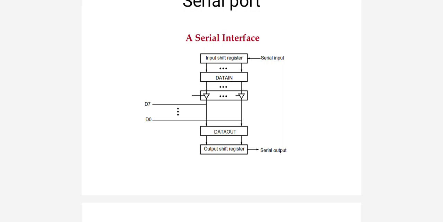Actually, this shift register, which is used for format conversion, that is, bit serial fashion is converted into bit parallel fashion, as well as bit parallel fashion is converted into bit serial fashion by using this shift register. For input operation, we are using input shift register. For output transfer, we are using output shift register.